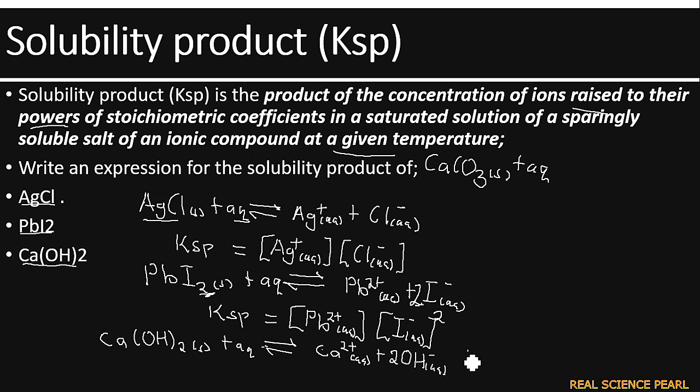Now if you write the Ksp for this, Ksp is going to be the product of calcium ions times that of the hydroxide ions. But because of these 2, we shall raise the concentration of hydroxide to the power of 2.